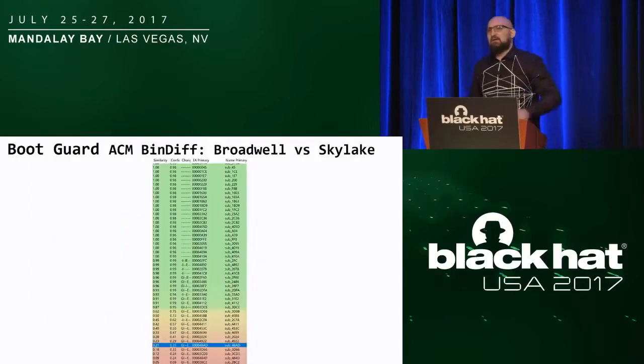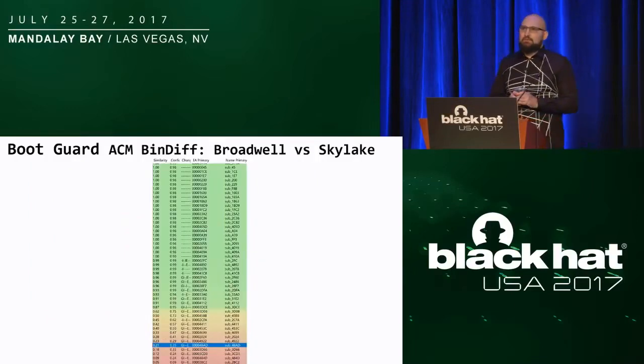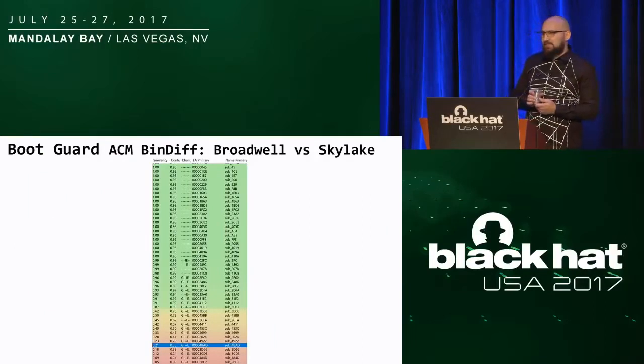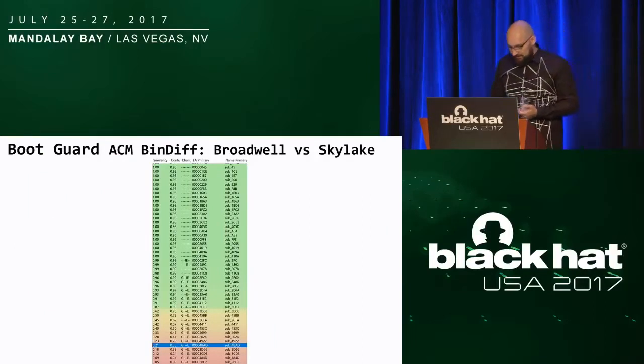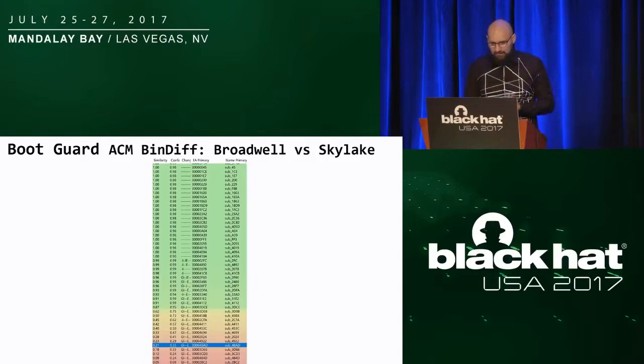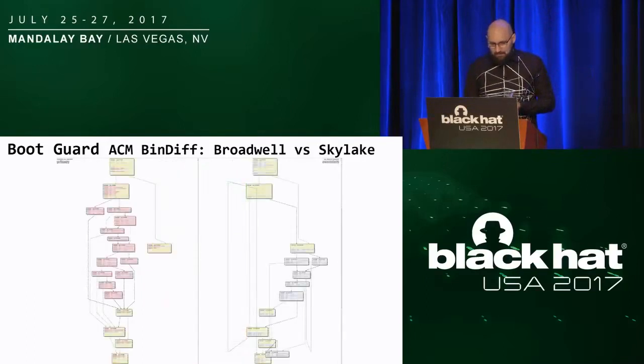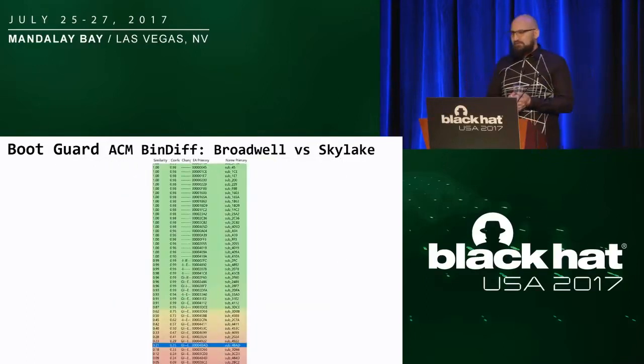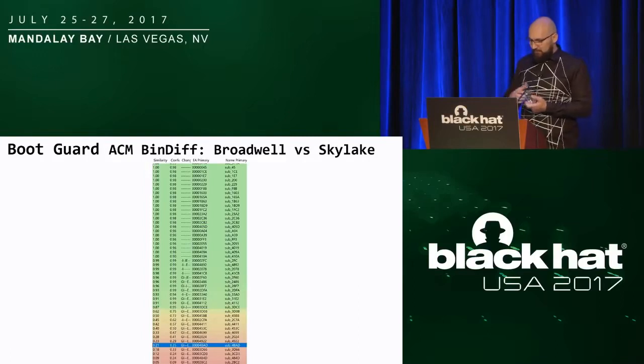When I made a BinDiff of Broadwell versus Skylake ACM, I was more lucky and got more information. As you can see, there are a lot of differences between these two.